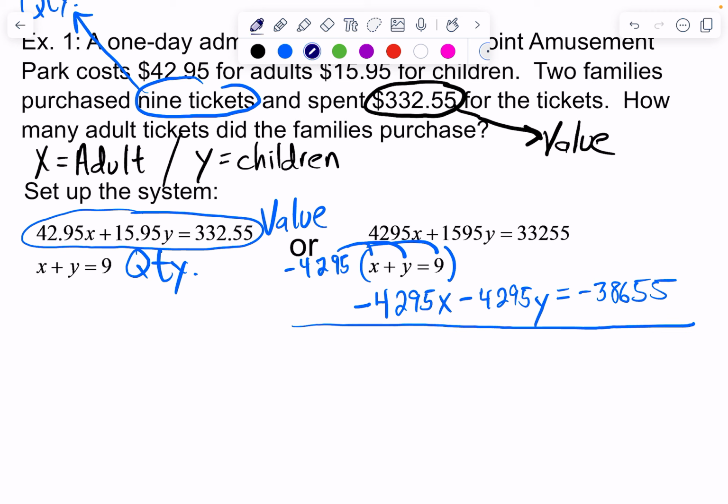All right, so this has already been distributed, so that's gone. So I'm left now with my addition. I'm going to add these 2 together, and I know that the x's will cancel.